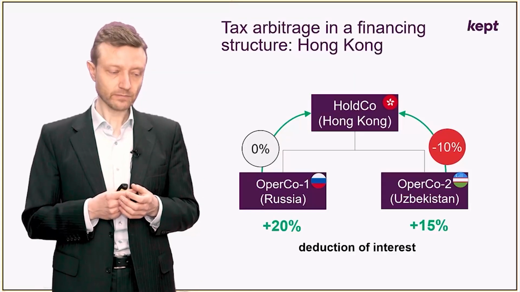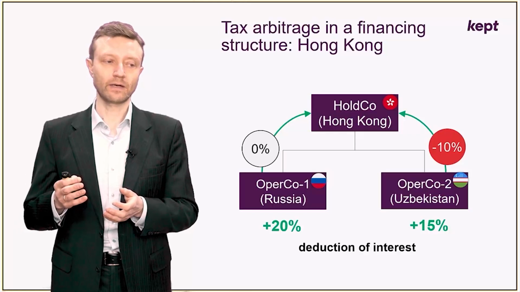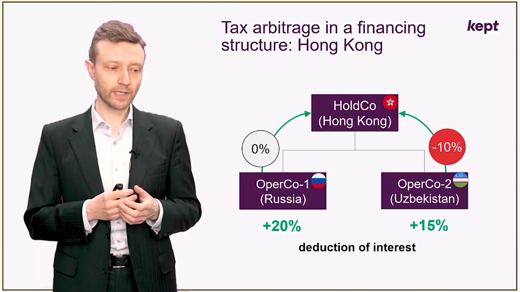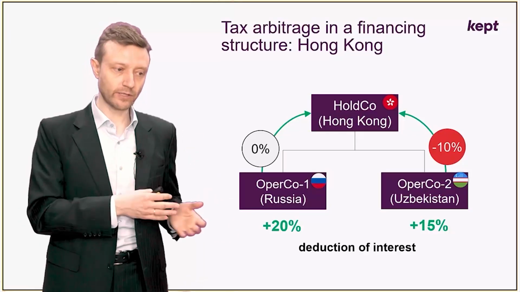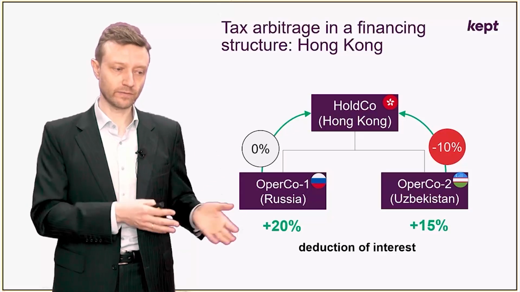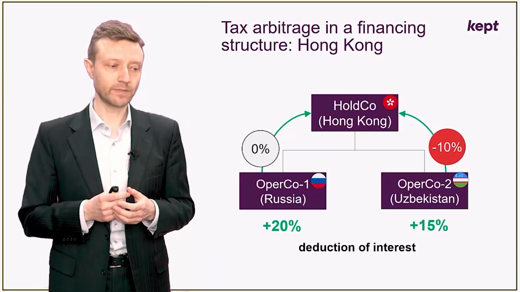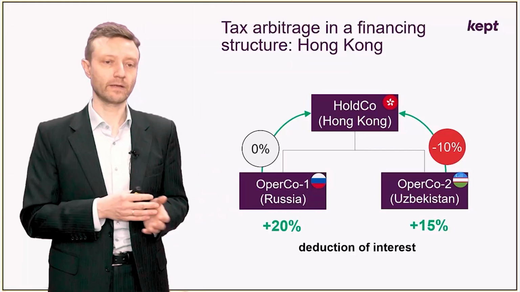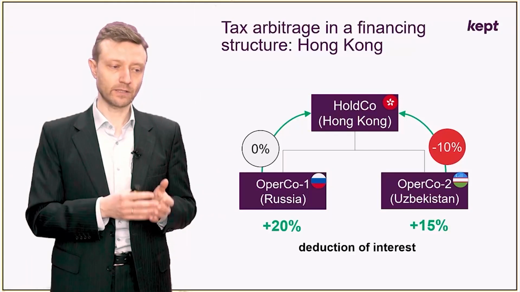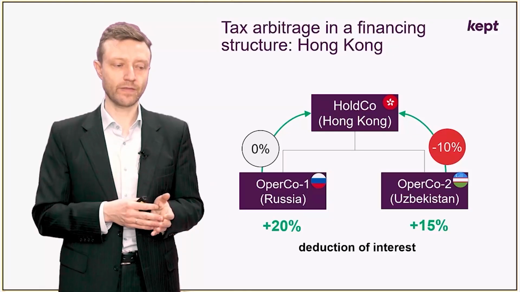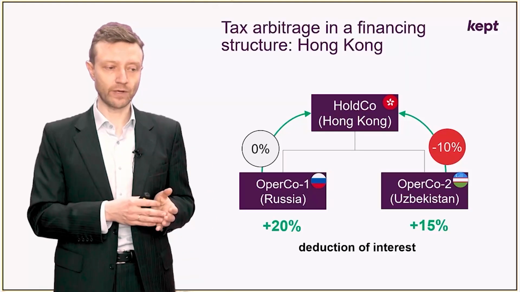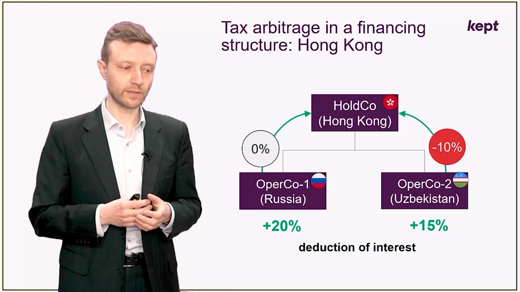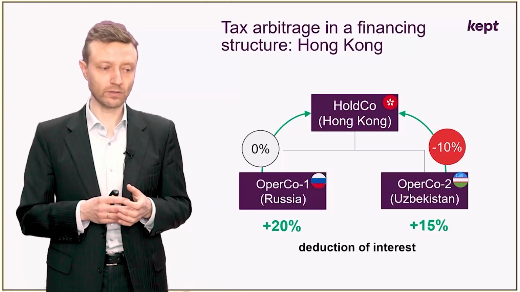Another example, if we look at Hong Kong as the holding company location, with Russia, we can achieve a benefit of exempting this interest income from withholding tax. So we reduce tax leakage here from the 20% we had with the UAE to 0% with Hong Kong.